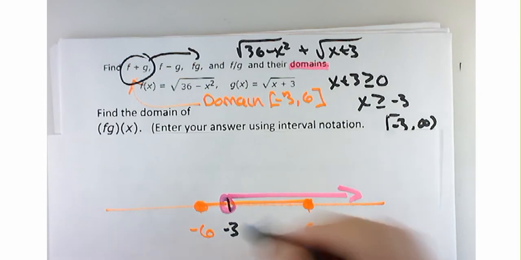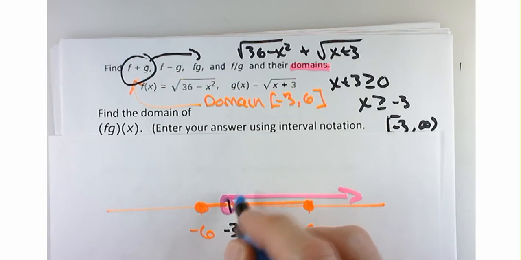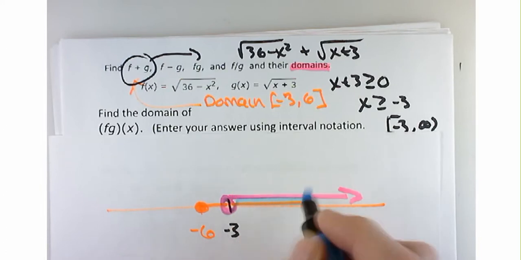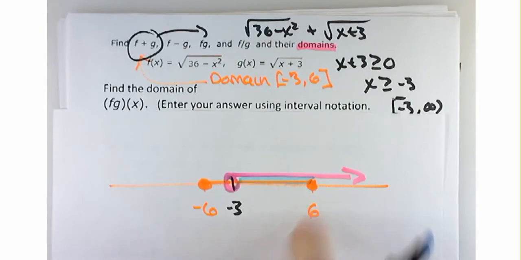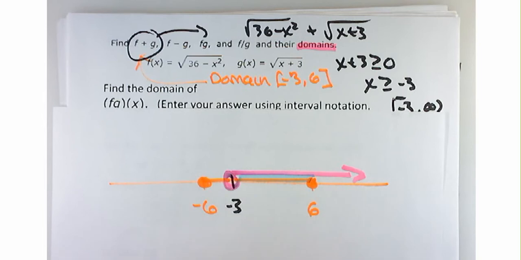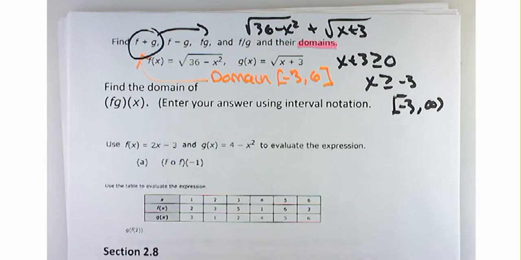So they overlap right here, between negative 3 and 6. That's where they overlap. So if you wanted more of a graphical approach in terms of just looking at a number line, that would be it. Okay? So good question. Thank you.